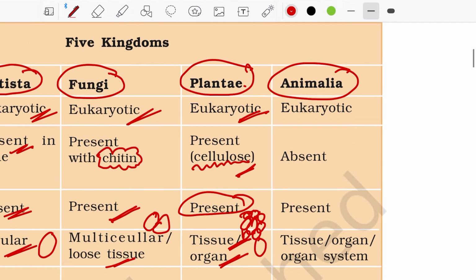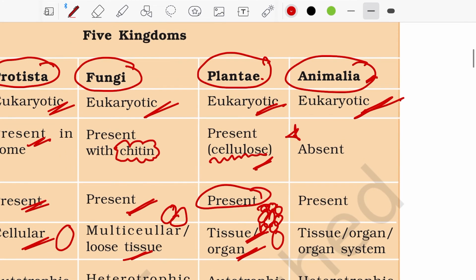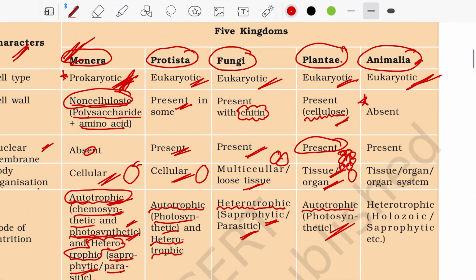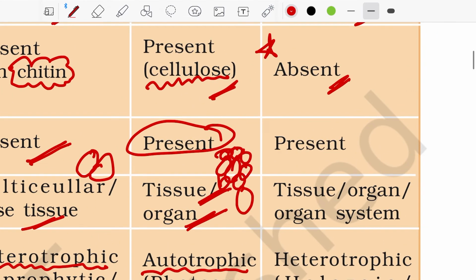The next and the last category is Animalia. Animalia have eukaryotic cells, and their cell wall is absent. It's really very important: in the 5 kingdom classification, all organisms in which the cell wall is absent are Animalia.